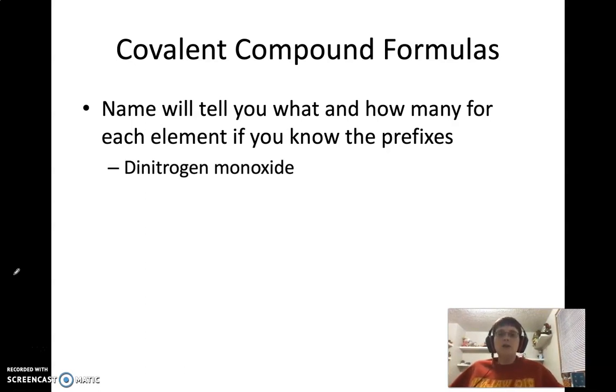So dinitrogen monoxide. So di would be for 2, right? We know mono is 1. So what we're looking at is nitrogen, 2, and oxygen. So dinitrogen monoxide.